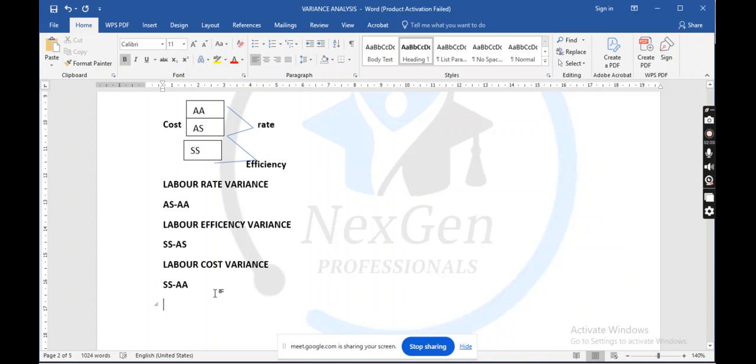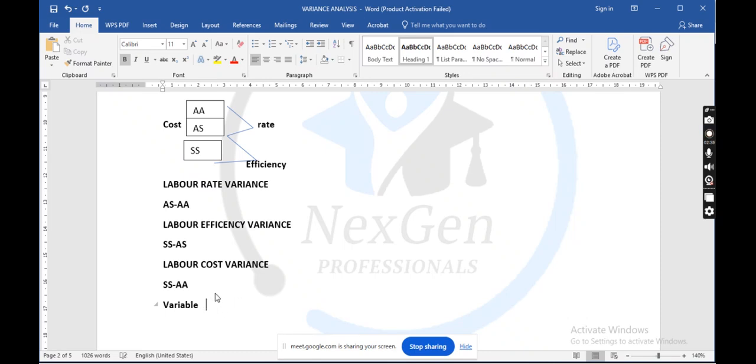It is still the same approach, because your variable overhead varies according to the levels of activity, according to what you produced. So these are the basic variances, right?